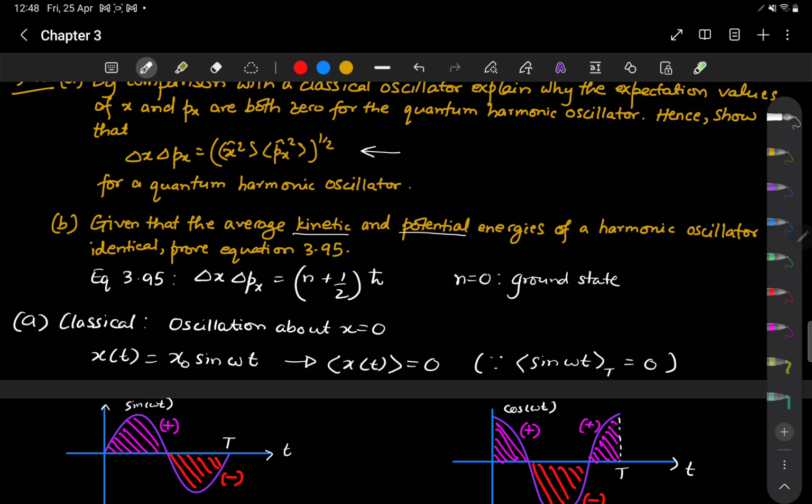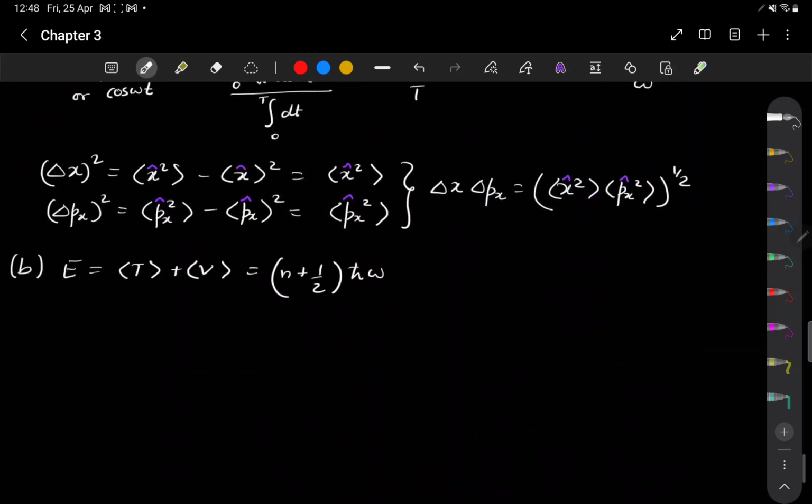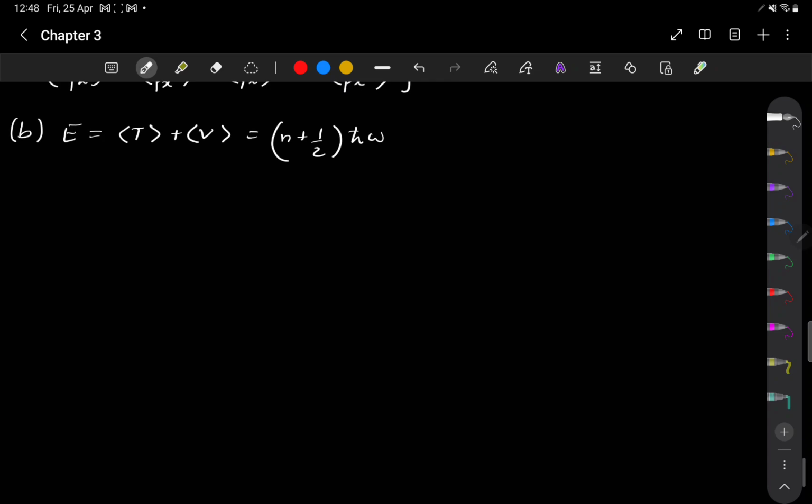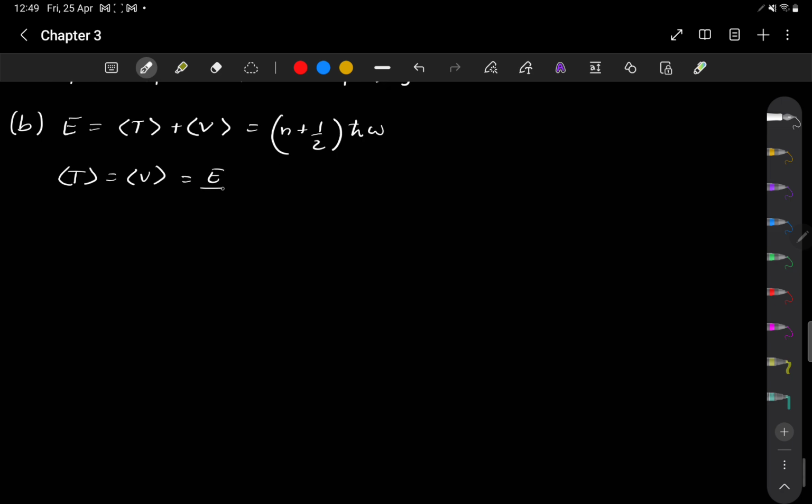So the average values of kinetic and potential energies are identical, that is, the average of kinetic equals the average of potential, and this means this is equal to E over 2, which is nothing but (n plus half) h cross omega by 2.